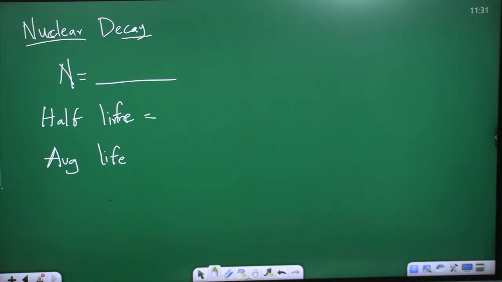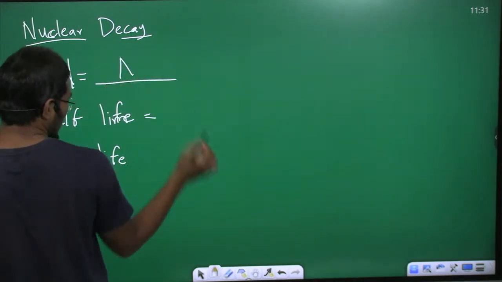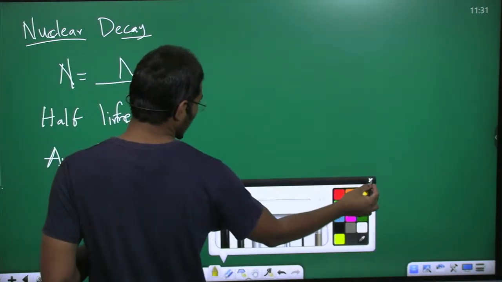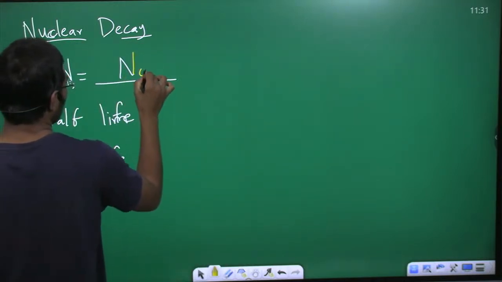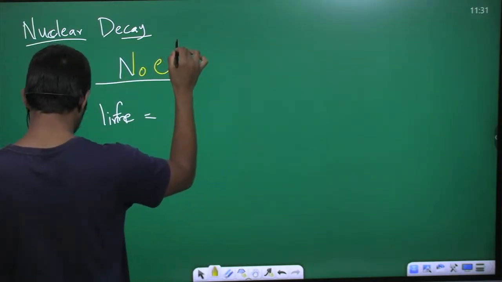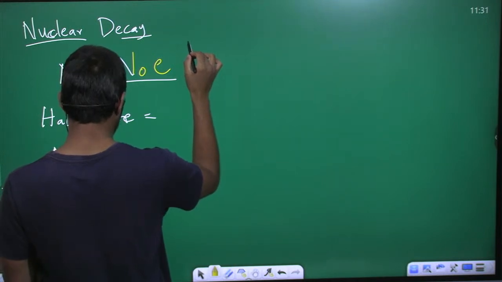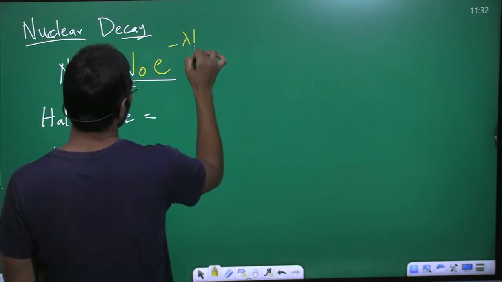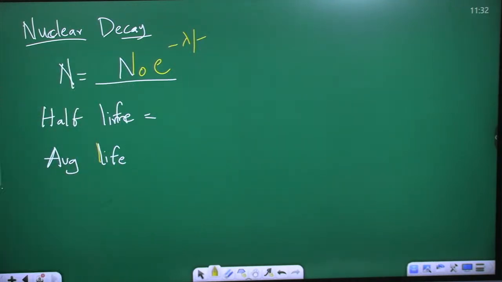Okay. How about you guys? What is N? N naught e power minus lambda t. What is N naught here?